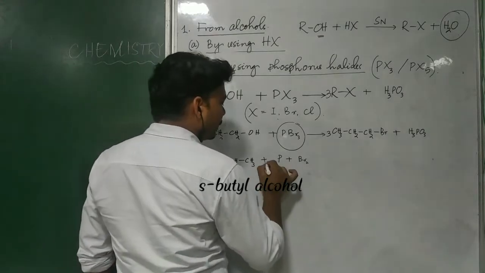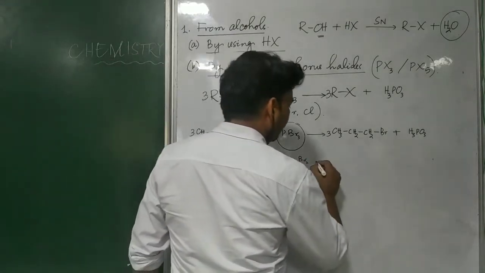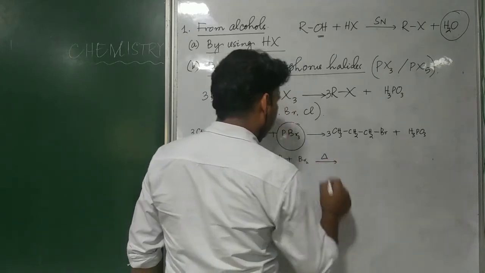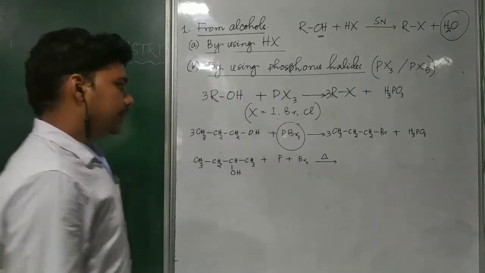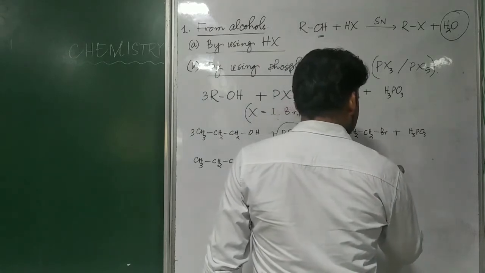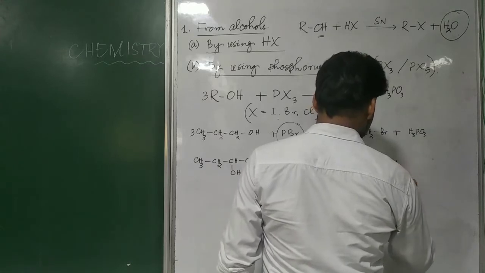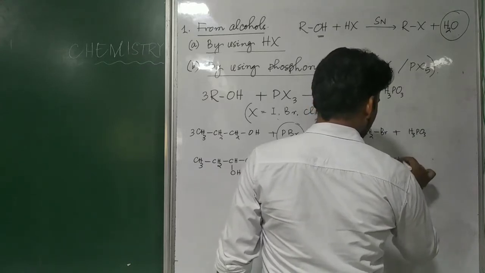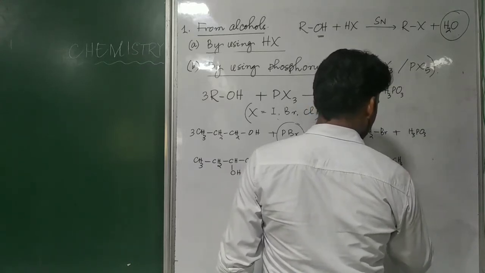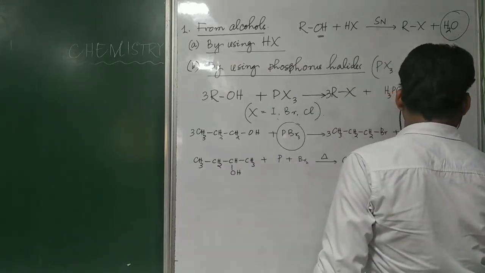When secondary butyl alcohol is treated with this mixture, red phosphorus and bromine, and the mixture is heated, you will get the corresponding alkyl bromide, secondary butyl bromide, plus the side product H3PO3.